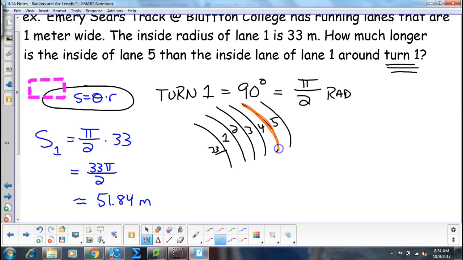Each lane is 1 meter wide, so that adds 1, 2, 3, 4. So the radius of the inside of lane 5 is 37 meters. I should put a lowercase r there.